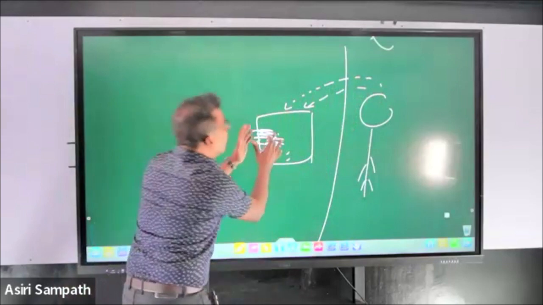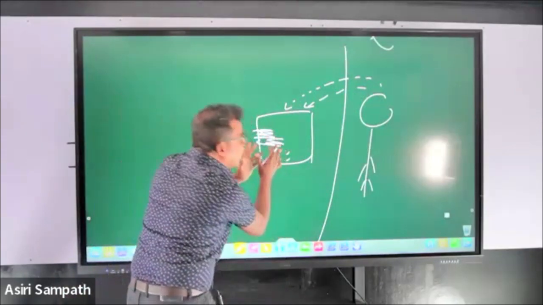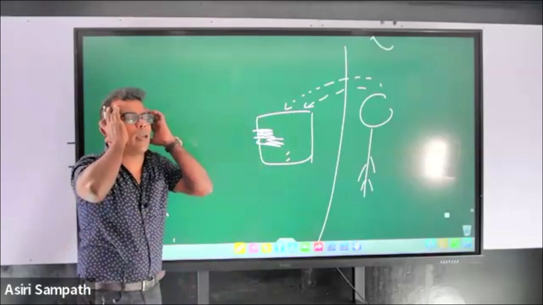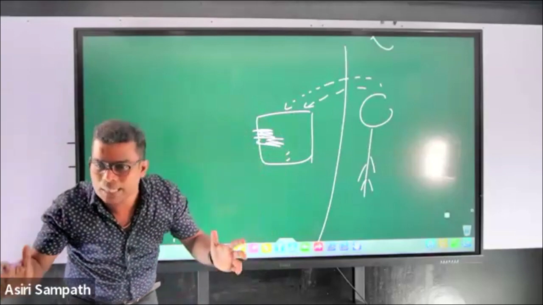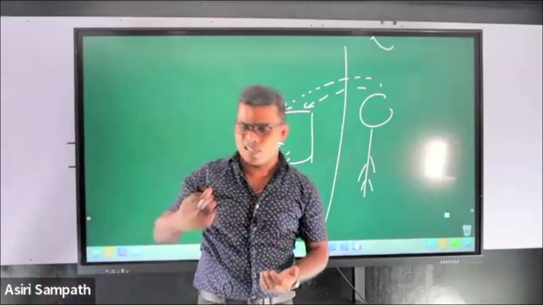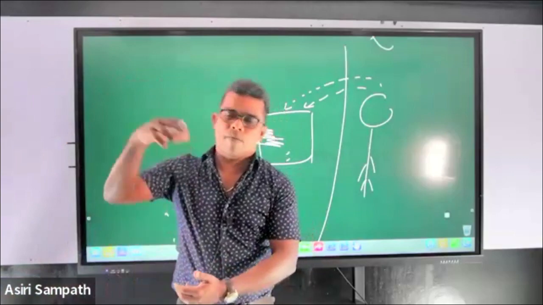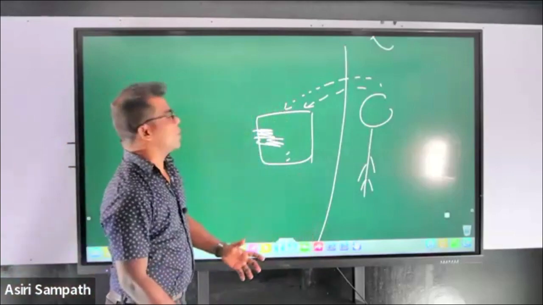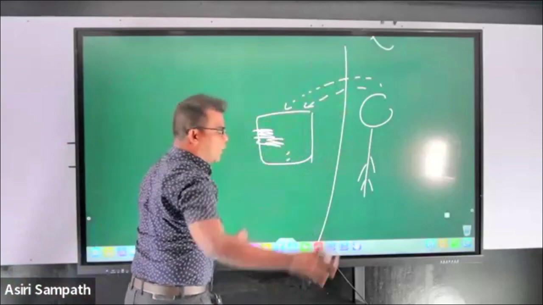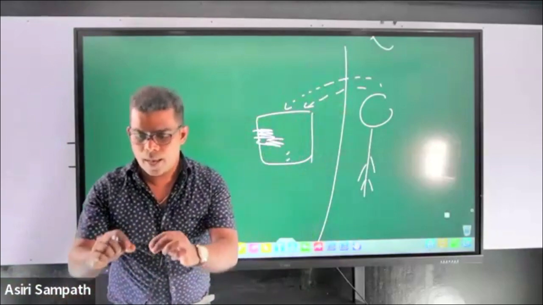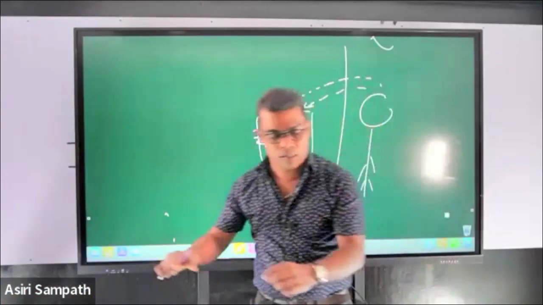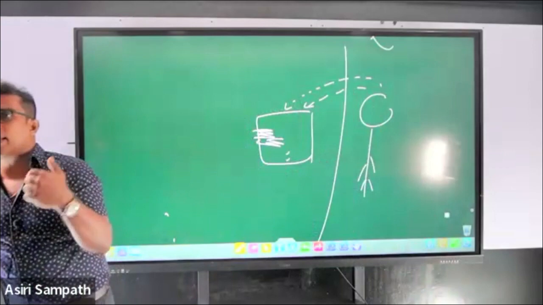So such an independent entity, this concept is known as the entity concept. Even if you're working in India, Sri Lanka, US, wherever it is, you have to believe that the business is separated from all parties. Just like a subtopic, accounting entity concept.